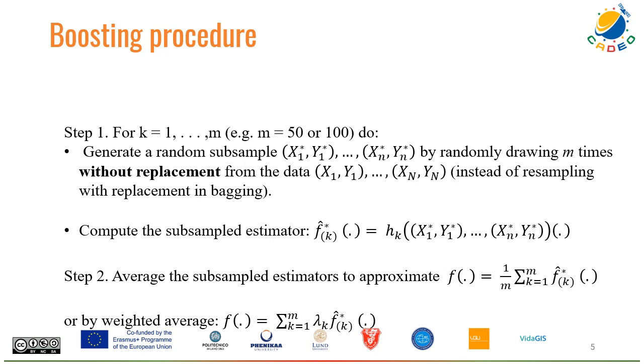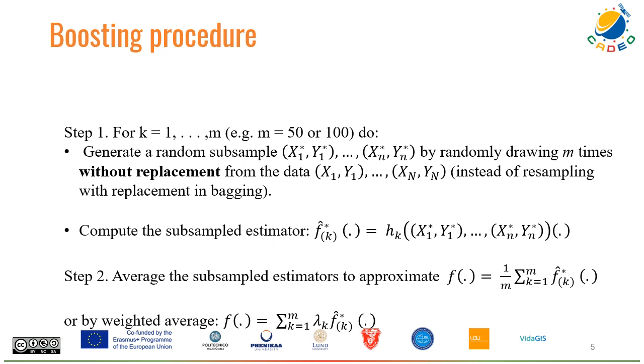we have averaging of the subsampled estimators. The subsampled estimators are averaged to approximate the final model. This is achieved by unweighted averaging or weighted averaging, where the weight represents the weight of the kth estimator.